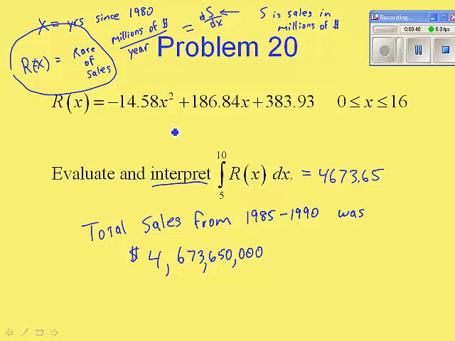The area under the rate curve gives you the total sales. How do I make sense of that? I think it'll help you when I do the next example. I think you'll see a little more why that area is in fact the total sales.